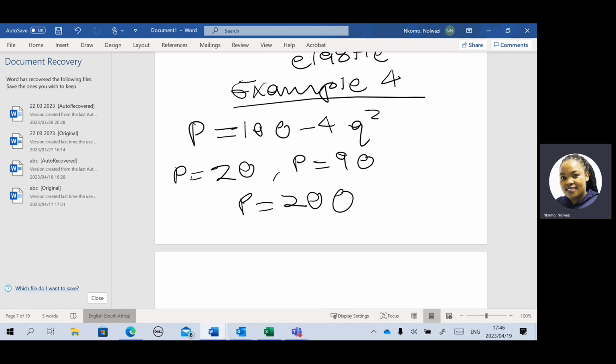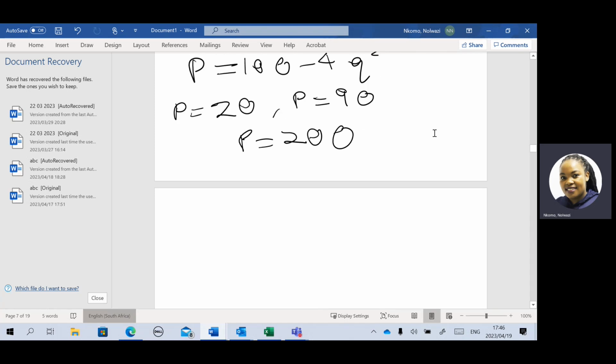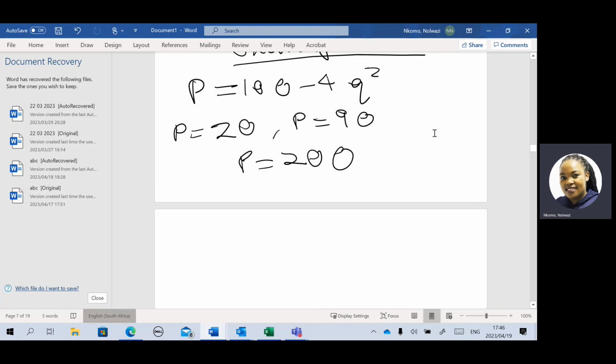We also find the elasticity of demand on these 3 points: P equals 20, P equals 90, and P equals 200.